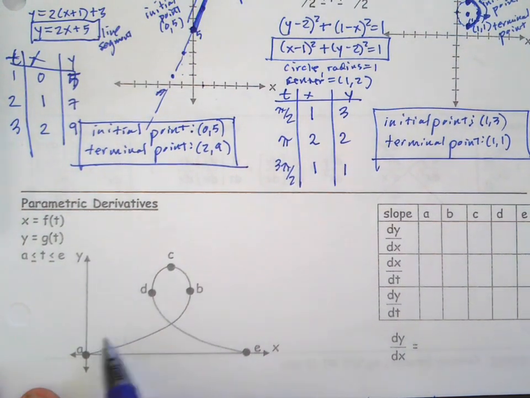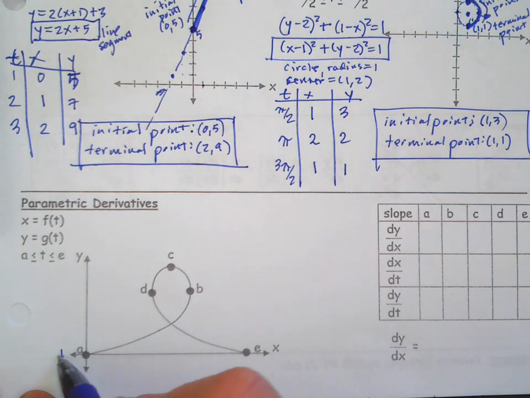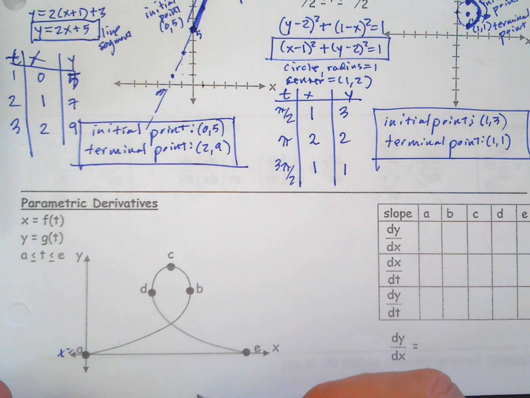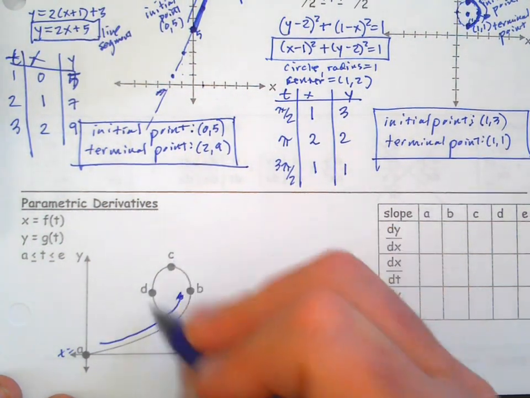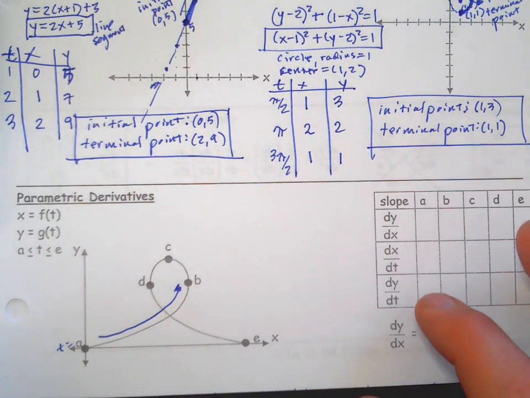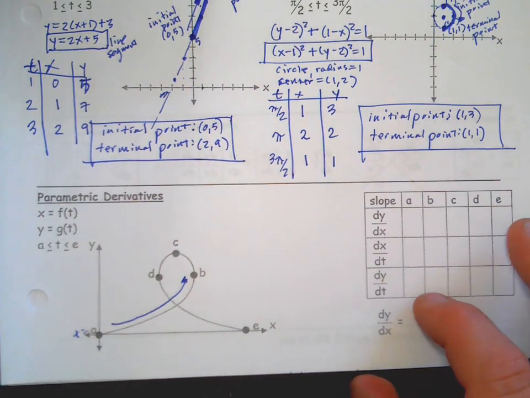These letters represent different times, when time equals a, when time equals b. And so the motion of this curve is going this way, right? It's kind of doing a loop-de-loop.